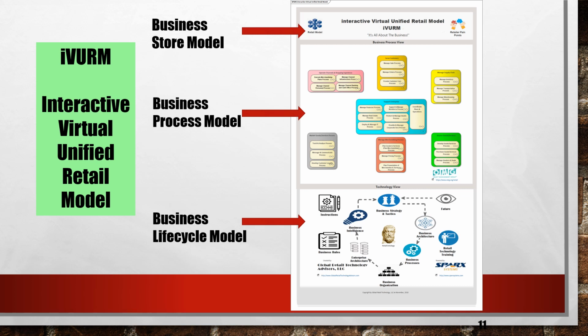I have taken that and put it on steroids. I have driven it down into a store model, which you saw the scary drawing at the start of this presentation. That's there. And if you drill down on any of these things, there's all sorts of cross links to it.